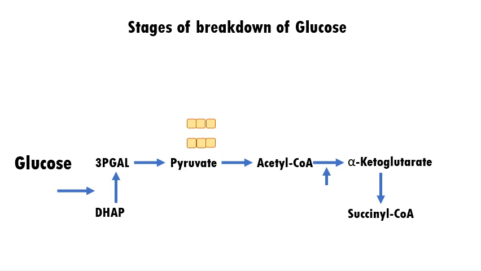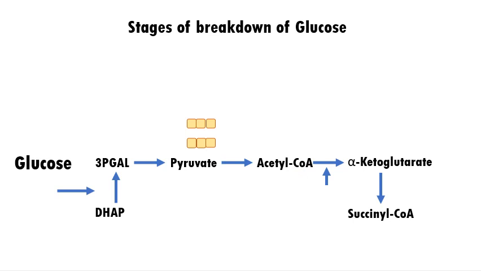When the pyruvate enters aerobic respiration, it moves into the mitochondrial matrix in the form of acetyl CoA. Acetyl CoA is a 2 carbon compound.